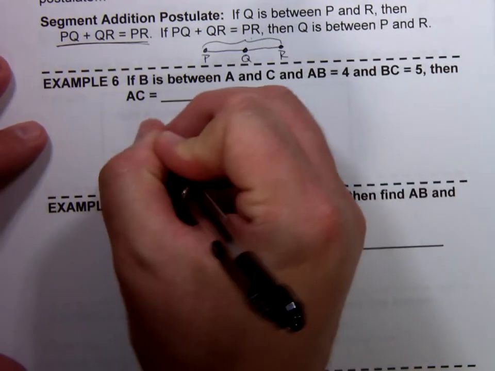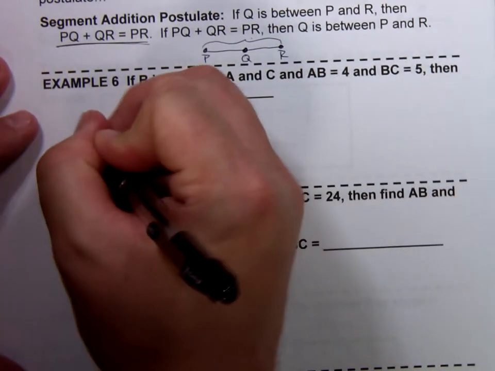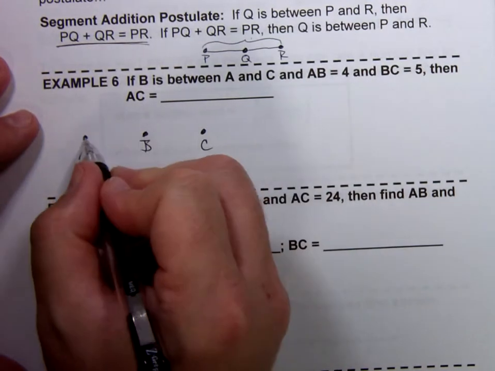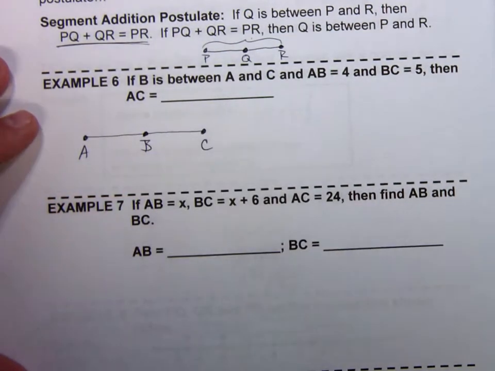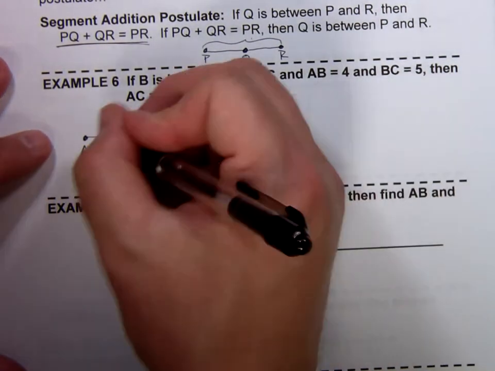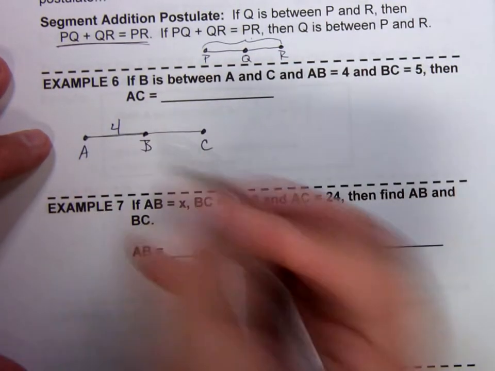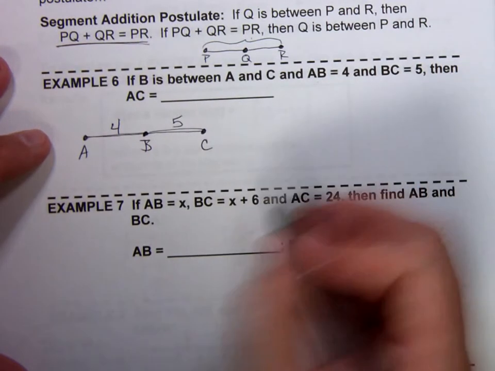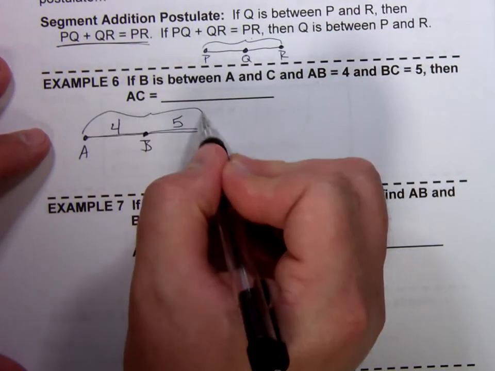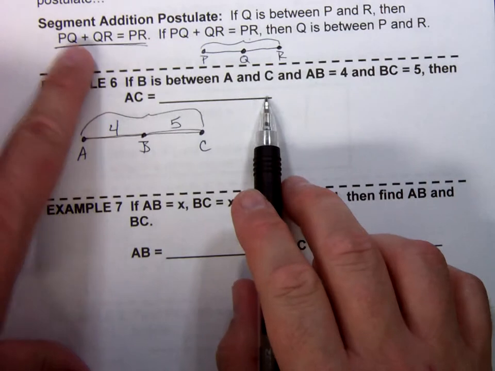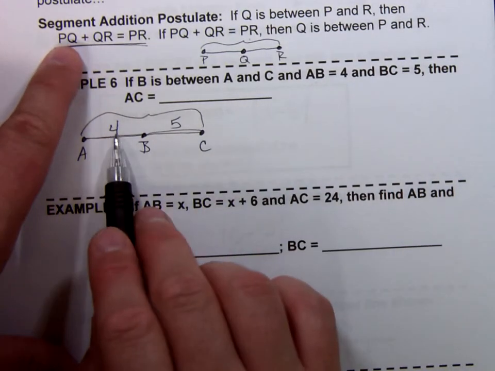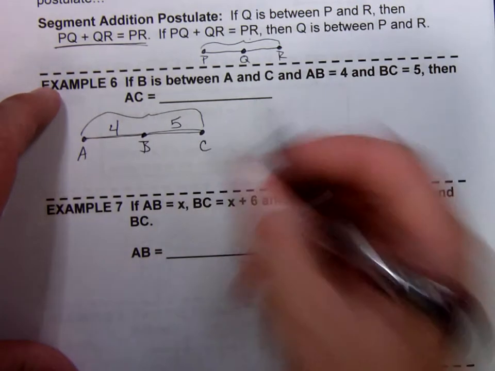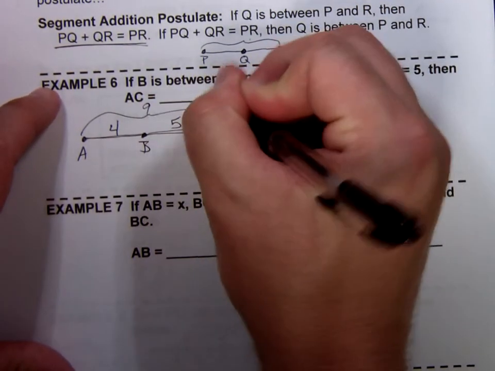B is between A and C. The distance from A to B is 4. The distance from B to C is 5. Then what is the distance from A to C? According to the segment addition postulate, we're just doing 4 plus 5 equals 9. So the distance from A to C is 9 units.